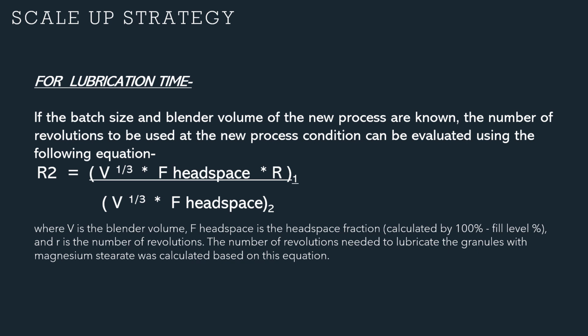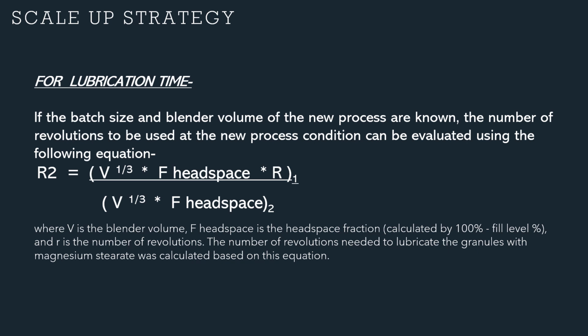So for these types of excipients, for lubrication time, we can use this equation to calculate the number of revolutions, or to calculate the blending time. You can find this equation in the QbD example also. Most places this equation is followed, and it gives a good scale up correlation.